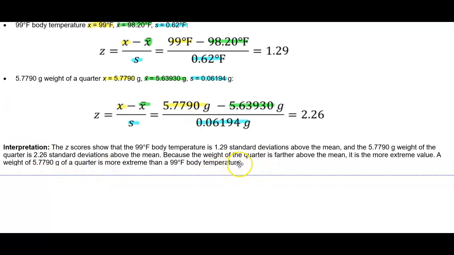Now, because the weight of the quarter is farther above the mean, it is the more extreme value. So therefore, we would say that a weight of 5.7790 grams of a quarter is more extreme than a 99 degrees Fahrenheit body temperature.